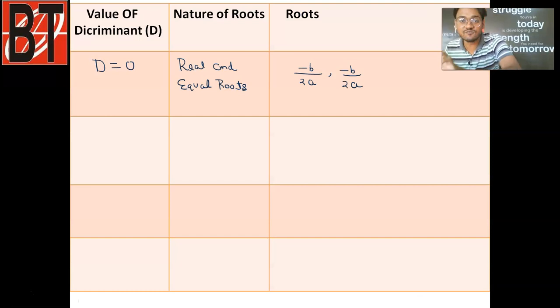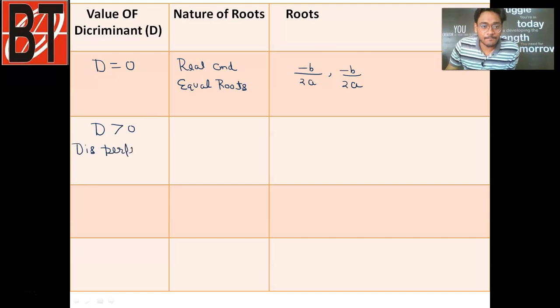So let's just fill the following information in this particular table. Okay, I am taking here the case when d is greater than 0 and also d is a perfect square. In this case, rational and distinct roots. Distinct means, students, different.